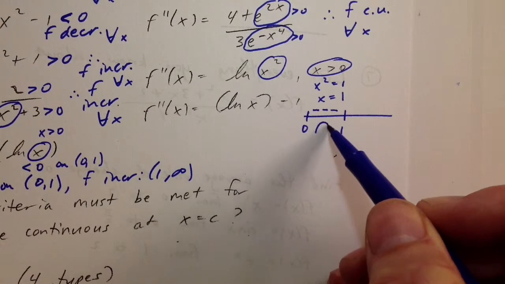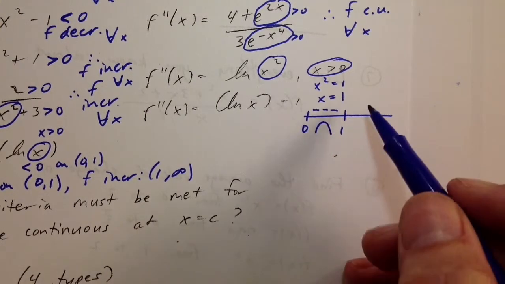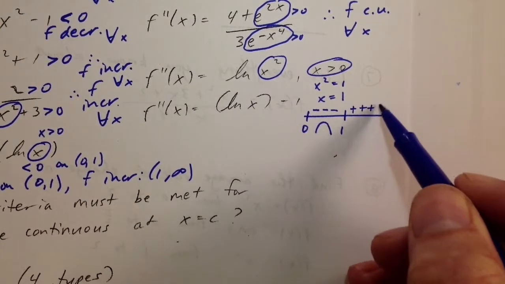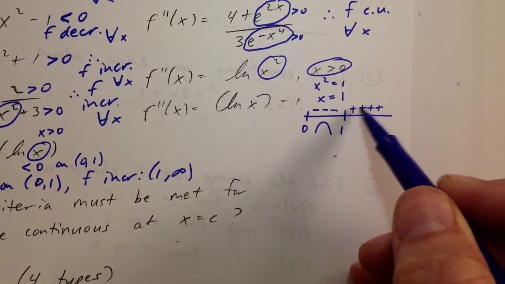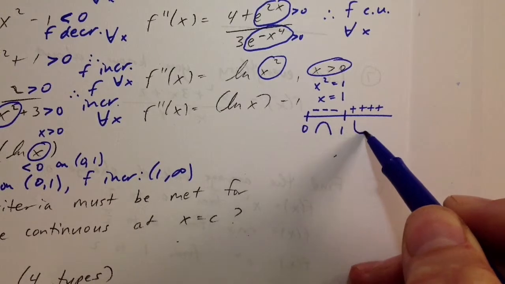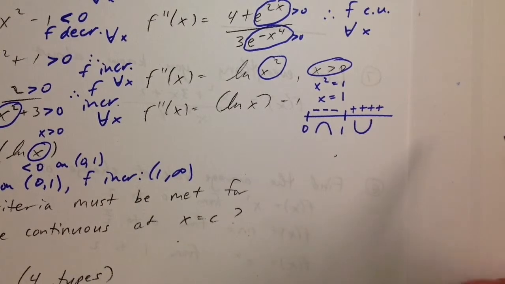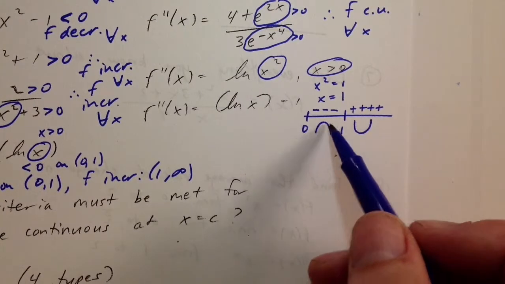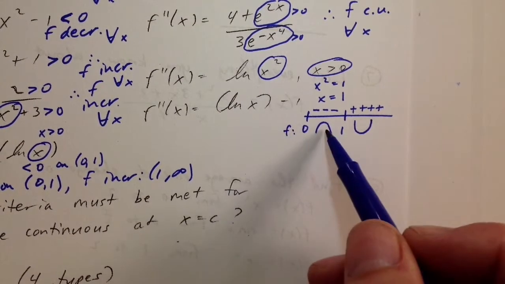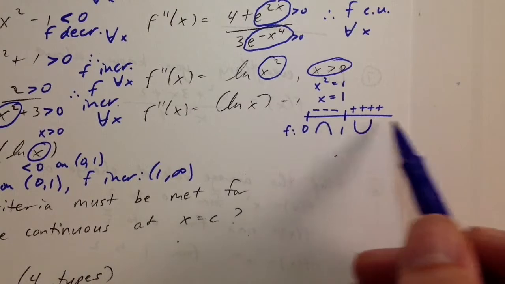Therefore, f is concave down on the interval from 0 to 1, and any number I replace x with that's greater than 1, the second derivative is going to be positive, which means that f is going to be concave up. So I won't write that because I said it, but f is concave down on the interval from 0 to 1, concave up from 1 to infinity.